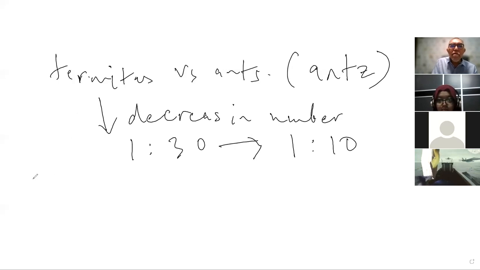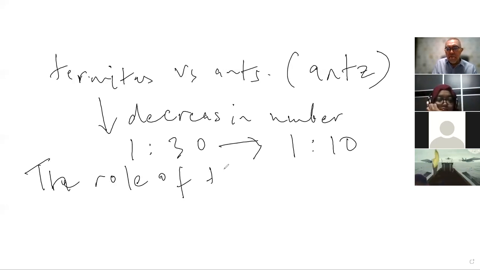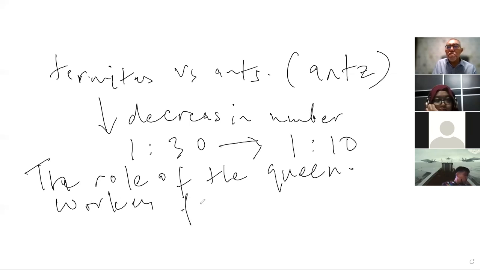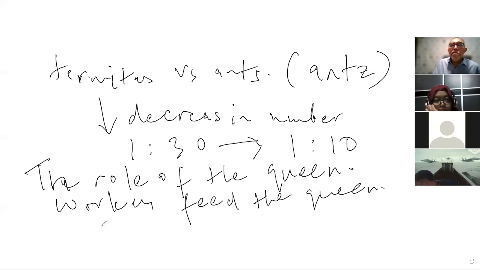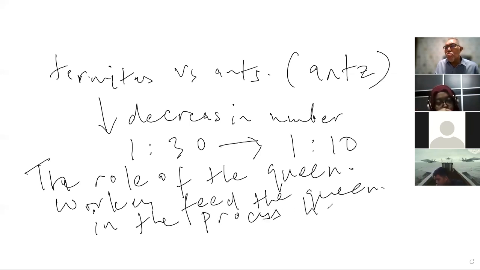They do this by the role of the queen. The role of the queen. Okay, workers feed the queen. They feed the queen, and then in the process, hormones are distributed.